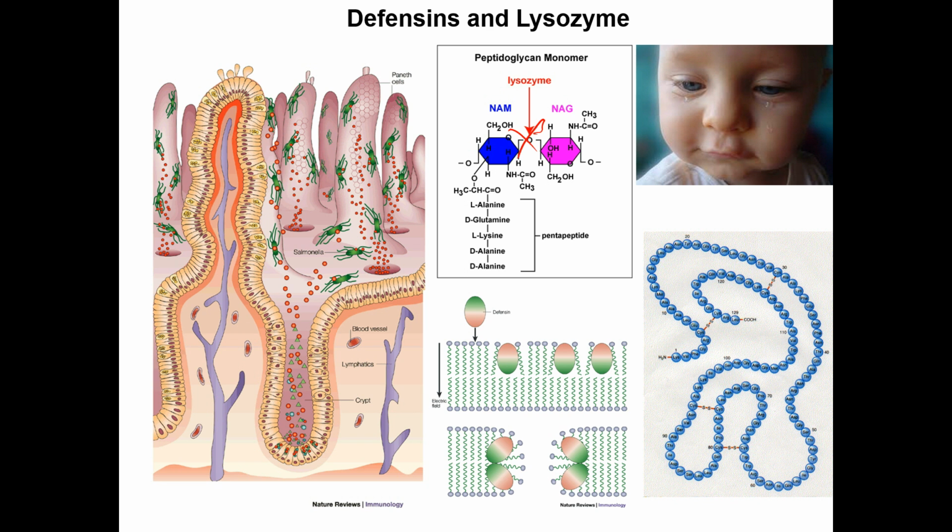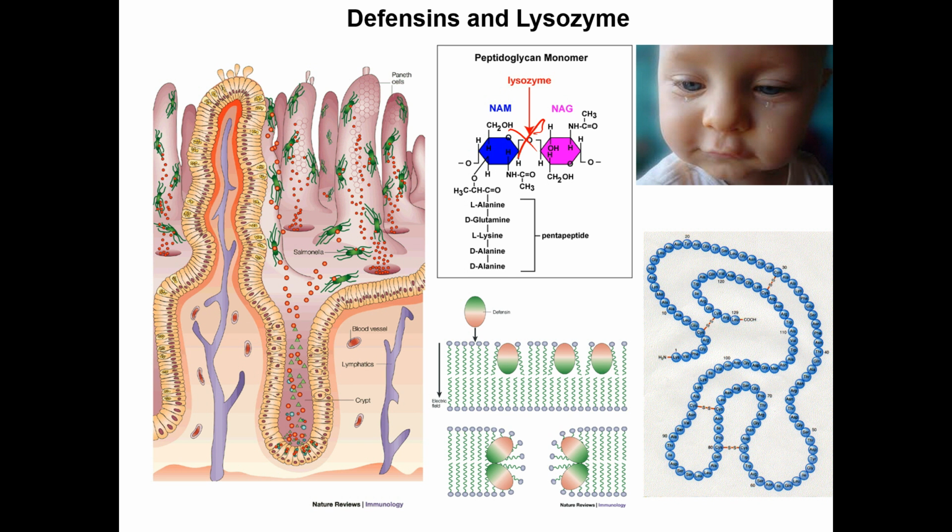You also have within your gut this collection of lymphatic tissue. You have these collections of lymph nodes within the intestines that we refer to as Peyer's patches.